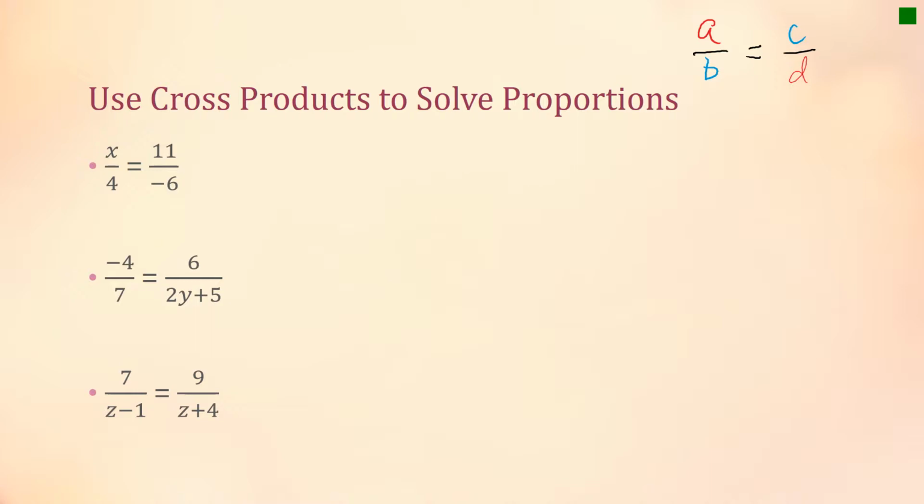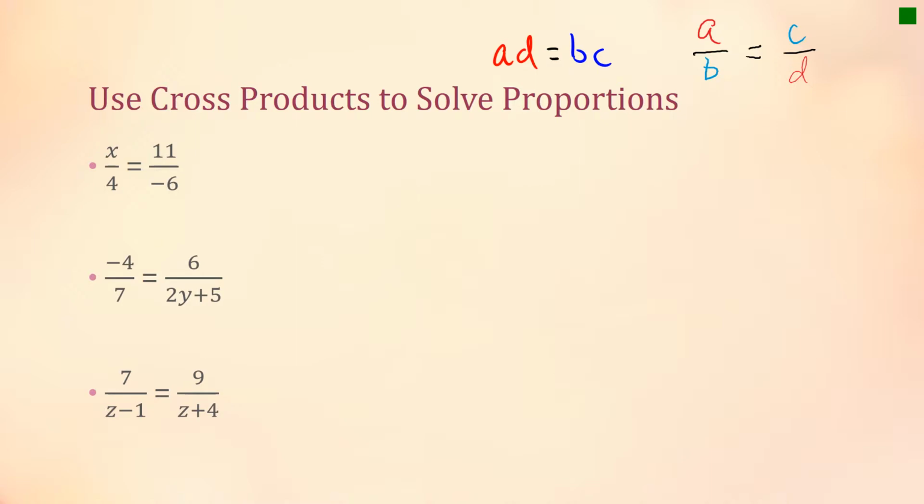And if the extremes equal the means, or otherwise, if AD equals BC, then the two ratios are equal to each other, and therefore they are proportions.